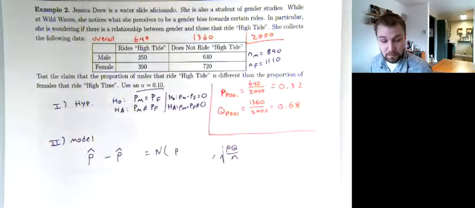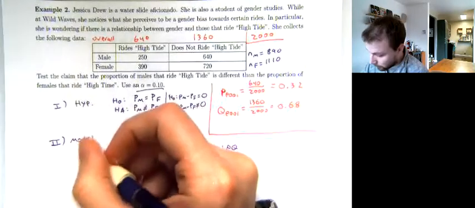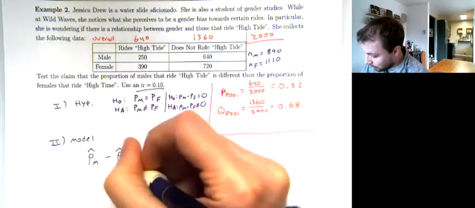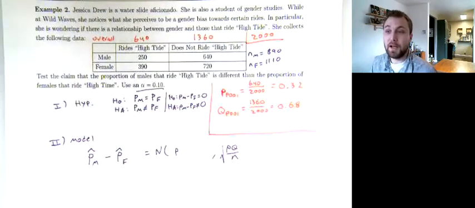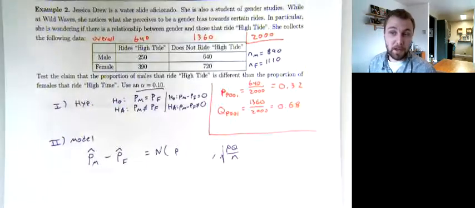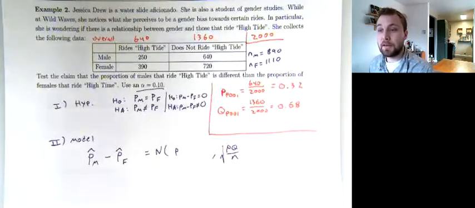Now, when I'm subtracting this other group here, I can choose the order. So looking at this thing, if I know the male success rate and the female success rate, I might want to do this in the order of male minus female if I think it'll give me a positive number, or maybe female minus male if I think it'll give me a positive number that way instead. So set this up in whichever way you think is convenient. I haven't done any prep work, so I'm just going with this.